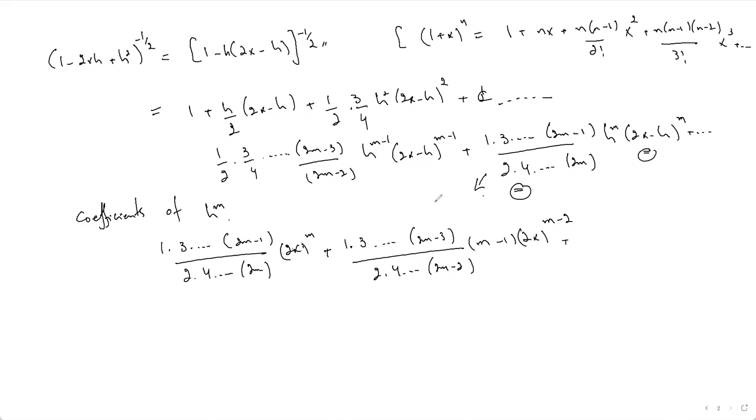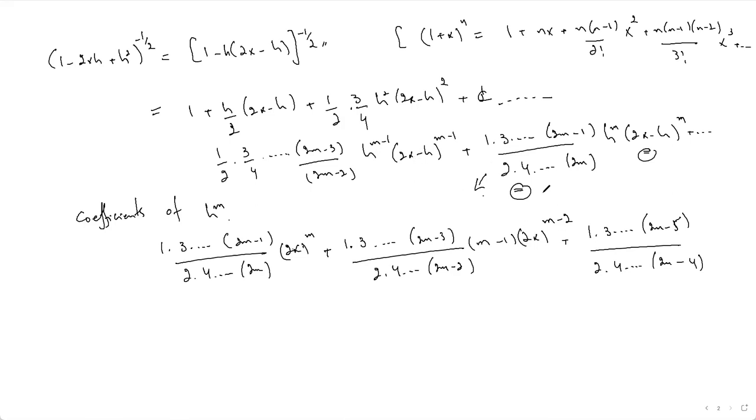Similarly we will have another term. The term before this will be 1, 3, so on, 2m minus 5 divided by 2, 4, so on, 2m minus 4, the term before this. Okay, then what will be the next term then?